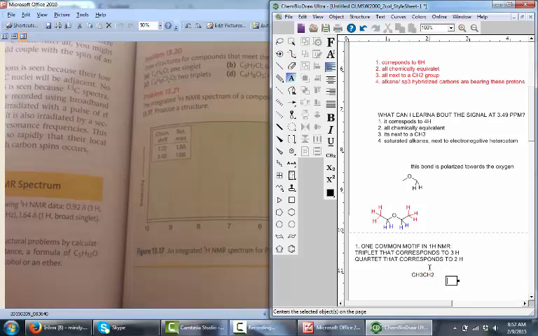And this CH2 is a quartet, and that's a quartet because of its proximity to the CH3 group. Okay, so that's problem 13.1.